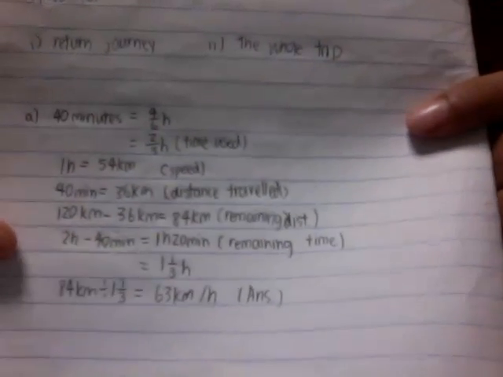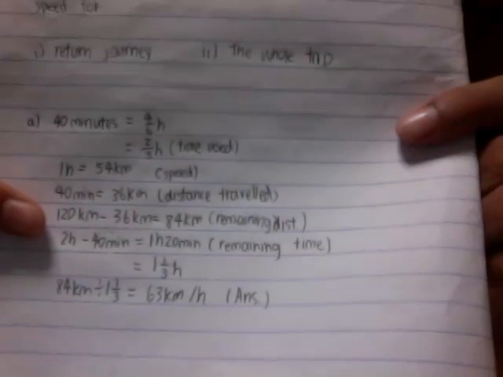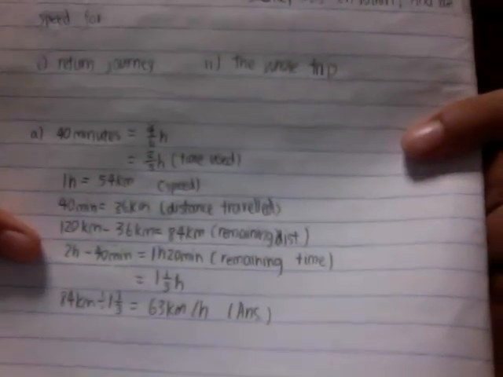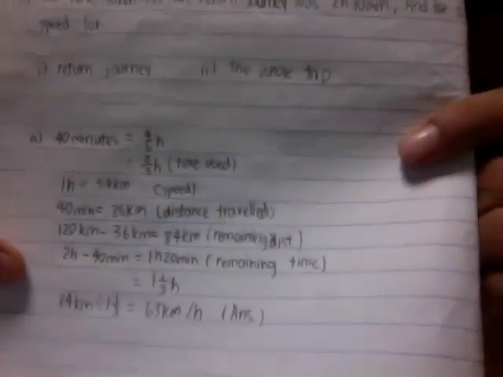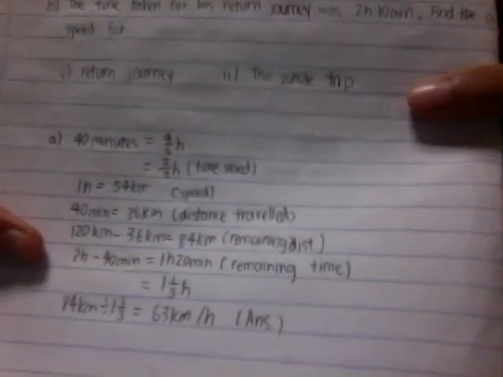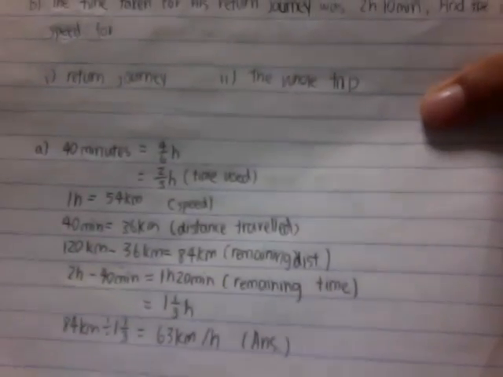2 hours minus 40 minutes equals 1 hour and 20 minutes. And this is the remaining time he has to spare. So I converted it into hours.